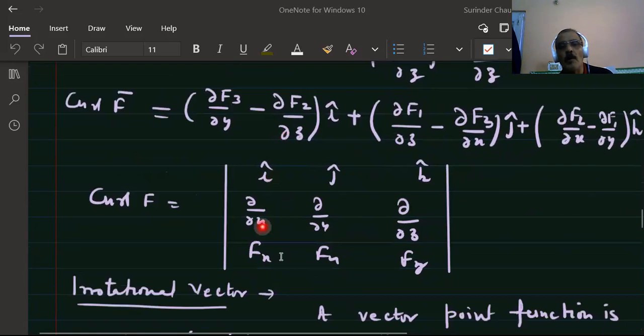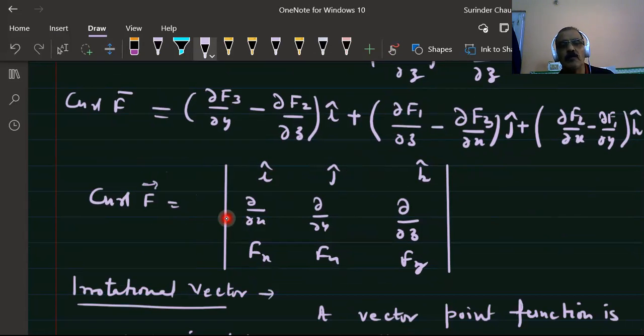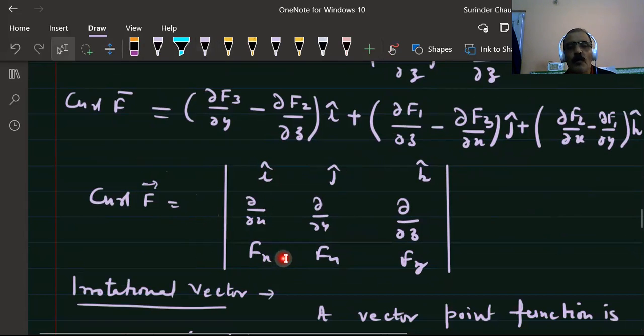So in order to remember it, the curl of the f vector is equal to the determinant with rows i j k; partial by x, partial by y, partial by z; and f1, f2, f3. Now if you expand this determinant, it gives the outcome.